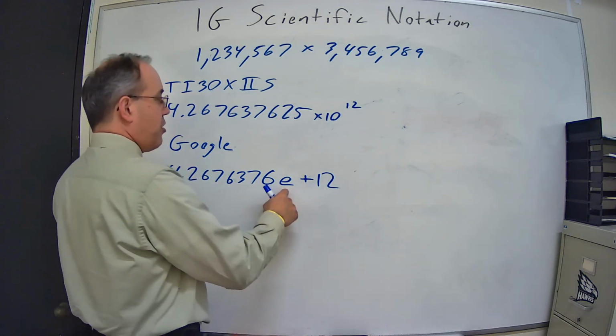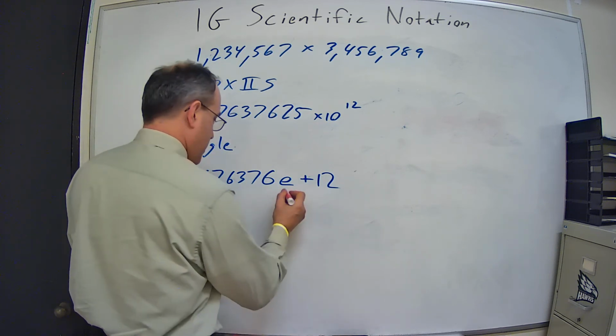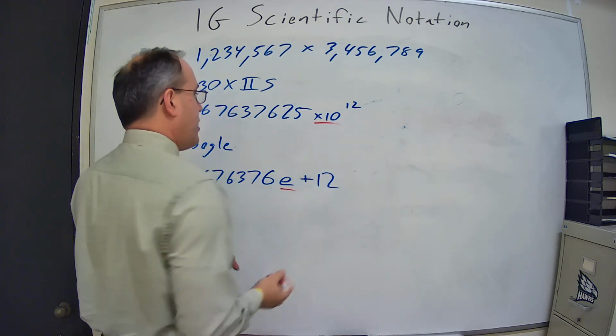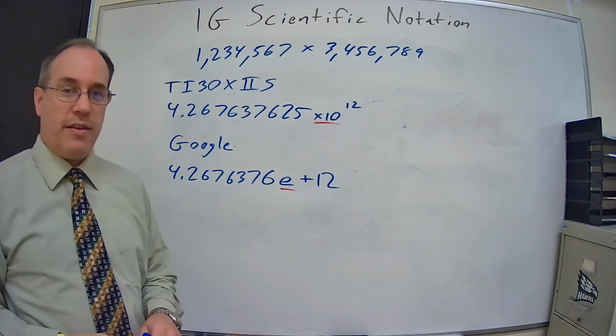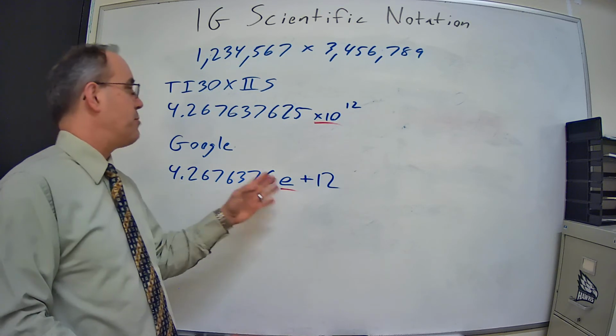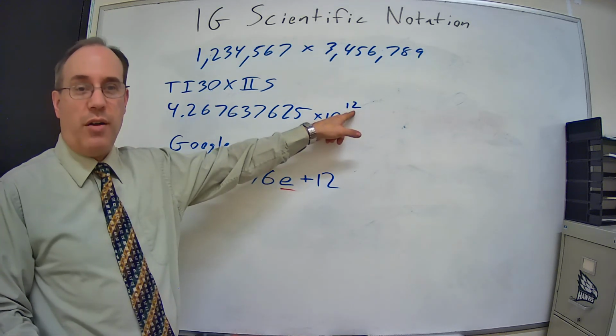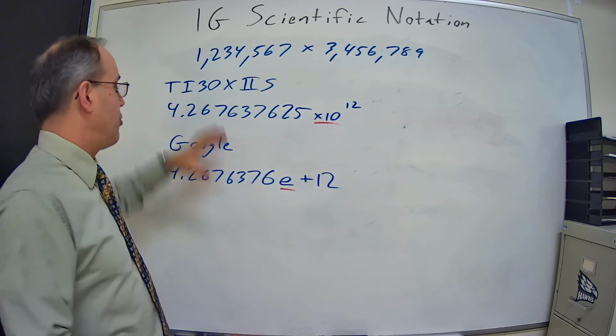They're using this lowercase e as the same thing as this times 10. So that lowercase e is meaning times 10 to the, and then the plus 12 is that positive 12. So these are the same thing.